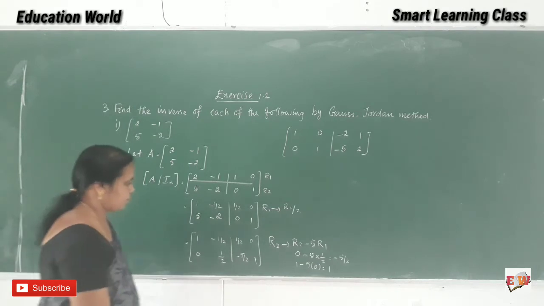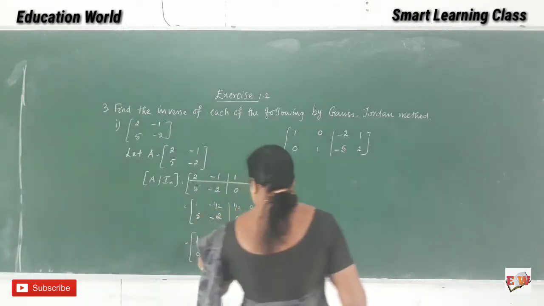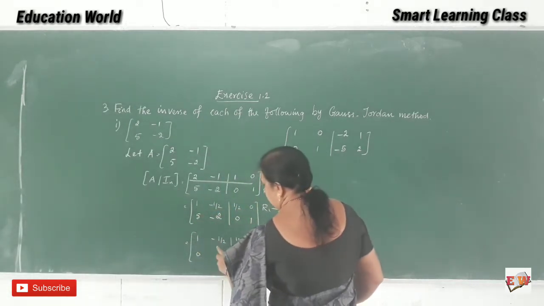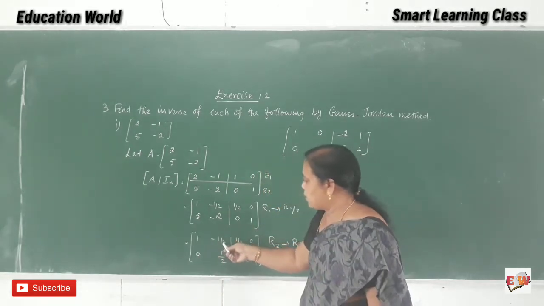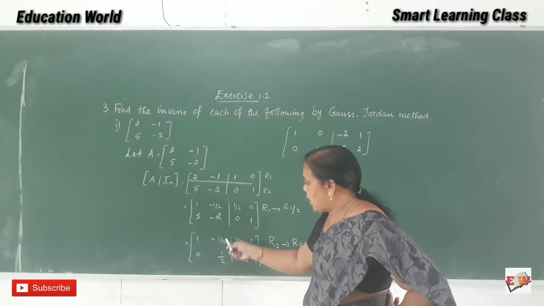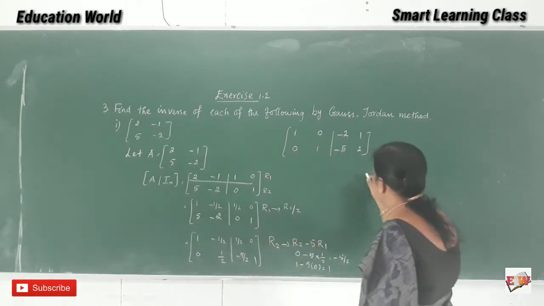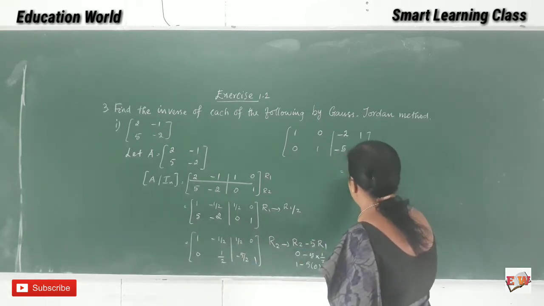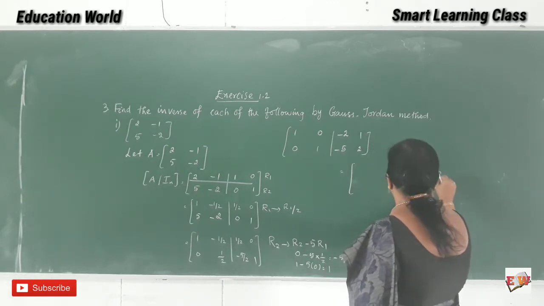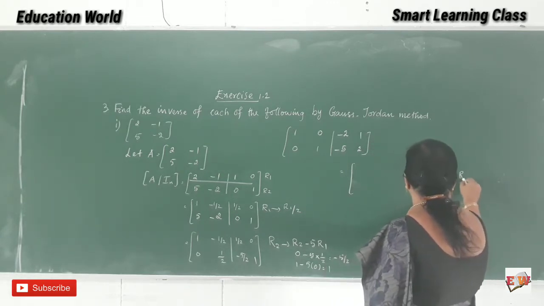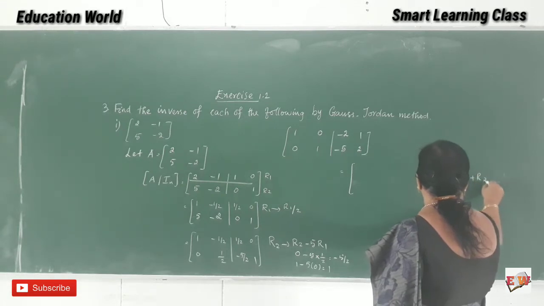Then we change these two elements. Now I am going to come to this minus 1 by 2. If we add these two terms, R1 becomes R1 plus R2.